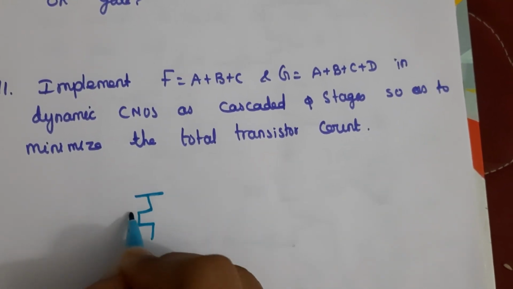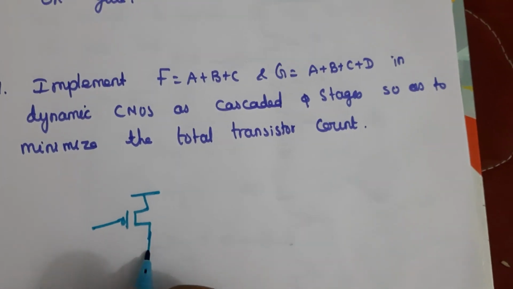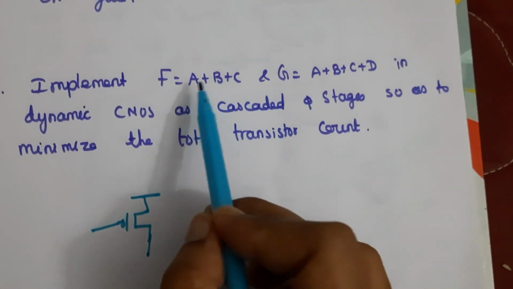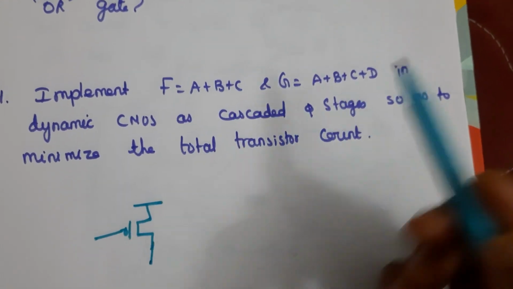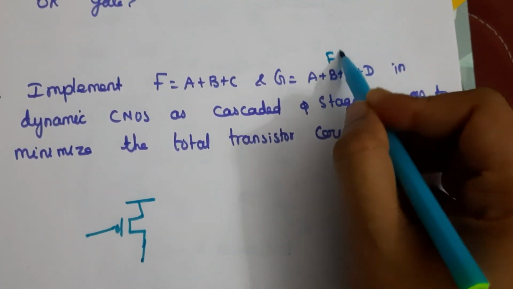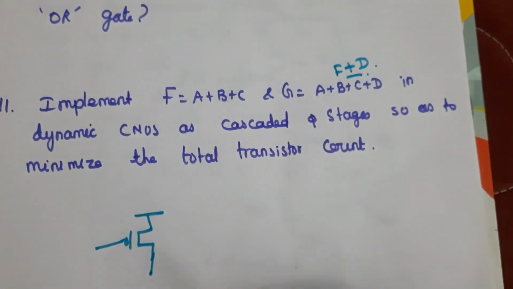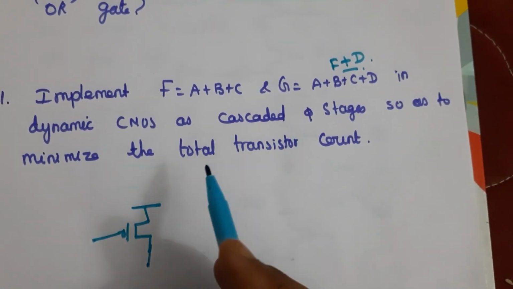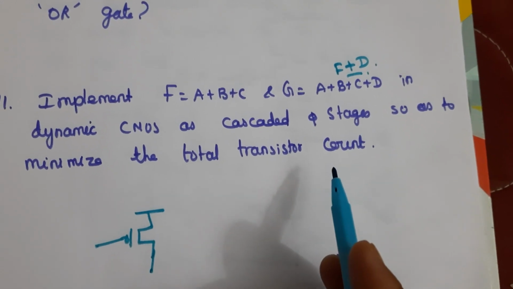This is VDD and this is the PMOS, with inputs A and B. Because of the connection between F and G, G can also be written as F + D. So first we realize F, then cascade that F value to G, and we can minimize the total transistor count.